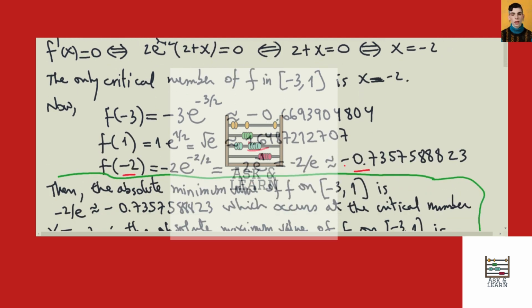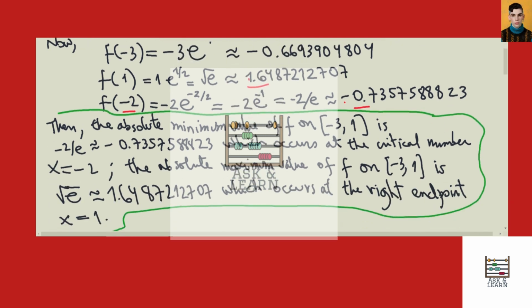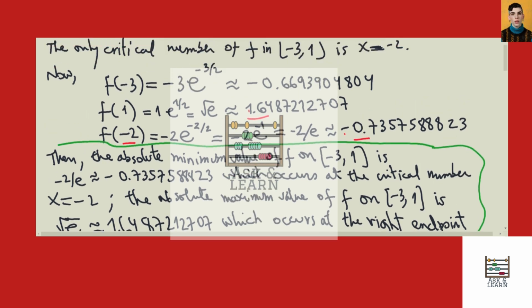Then we evaluate the function at the right endpoint, left endpoint, and the critical number, and we found that the largest of these values is square root of e, which is about 1.6487212707, and it is attained at the right endpoint of the interval, that is number 1.